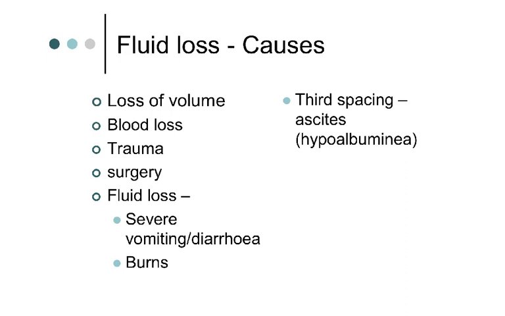So we can lose fluid by having severe bouts of diarrhea or vomiting. We can pass too much urine, so in DKA, for example, diabetic ketoacidosis.